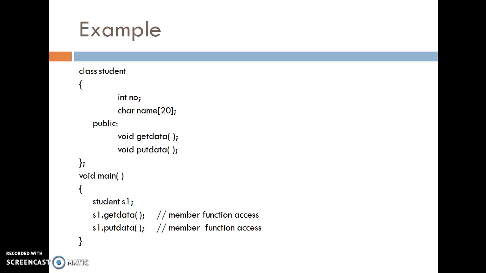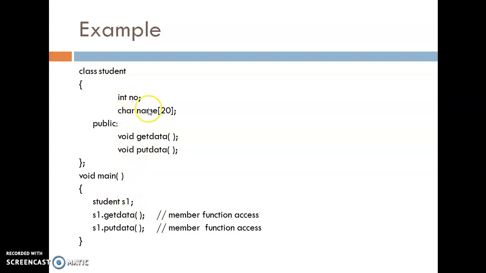For example, class student. Inside that there are two data or two variables, number and name, and two functions, get data and put data. Void main contains student s1, that means s1 is an object.